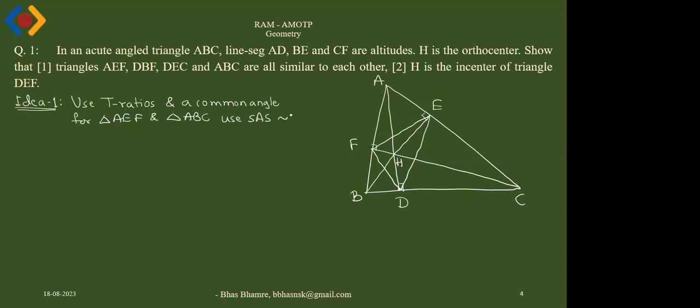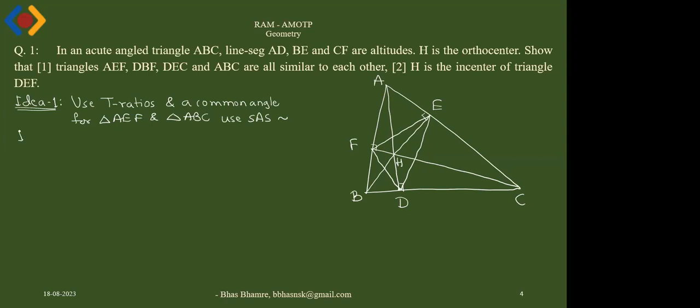That is what Shreyan said. We can use trigonometric ratios and a common angle for triangle AEF and triangle ABC, and symmetrically for DBF and DEC with triangle ABC, and then we use the transitivity of similarity. So we are done for our first.